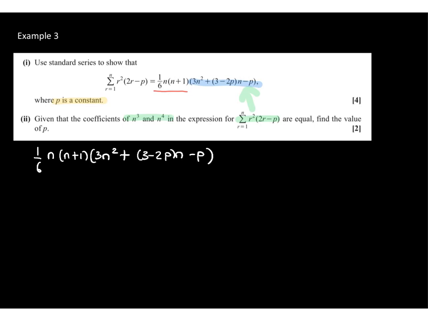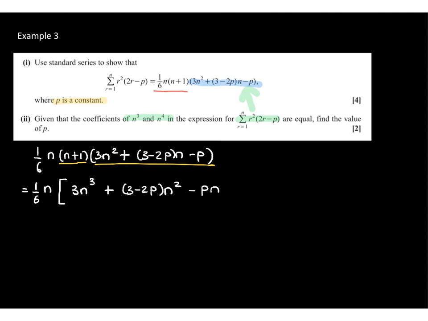And I'm going to multiply first by multiplying these and these together. So what do we have? We've got 3n cubed plus 3 minus 2p n squared minus pn. So I've multiplied everything in the quadratic expression by the n from the linear expression before it.